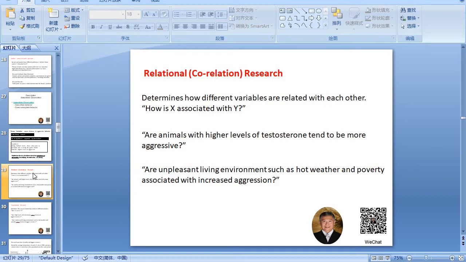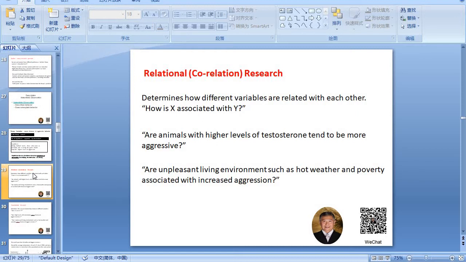These are probably the two most widely used research methods in psychology. We talk about these two methods in comparison with each other. There are some advantages to correlation research and some drawbacks. On the other hand, there are some advantages to experimental research and some drawbacks.